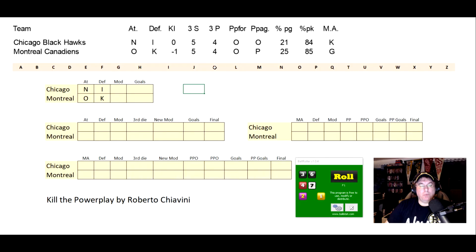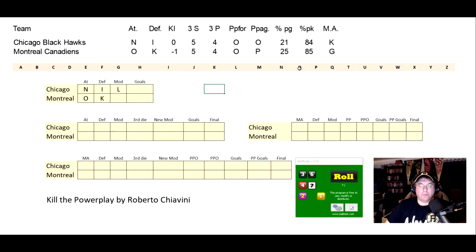That gives 1.5. If you're going to the left, you round up to the next whole number, which is 2. So we went 1, 2, 3, cut it in half. It's 1.5. It rounds up to 2 if we're going down, okay? So 2 is L. So our modified offense is column L for Chicago.